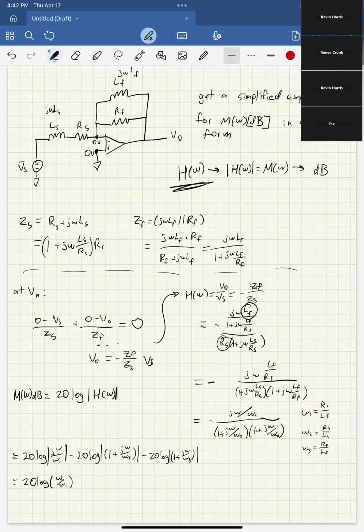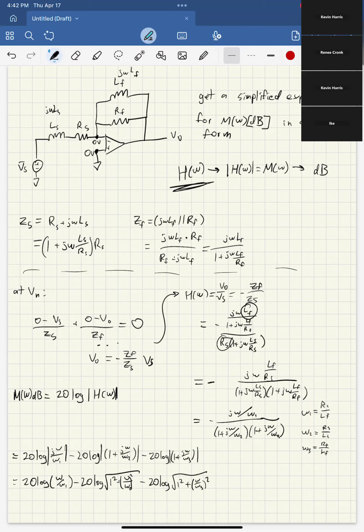And then here it's minus 20 times the log of the square root of 1 squared plus omega squared over omega 2 squared. It's the square root of the real part squared plus the imaginary part squared. And then minus 20 times the log of, again, the real part squared plus the imaginary part squared, under the square root.